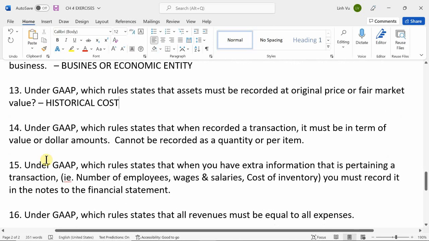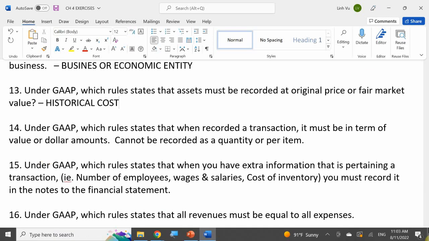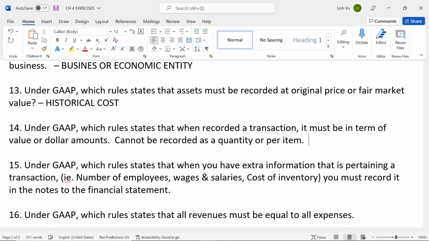Number 14, under GAAP, which rule states that when recording a transaction, it must be in terms of value or dollar amounts, and it cannot be in terms of quantity? That's monetary. Now, in this case, I don't need you to be very specific. I just need you to know the general idea that it's monetary.